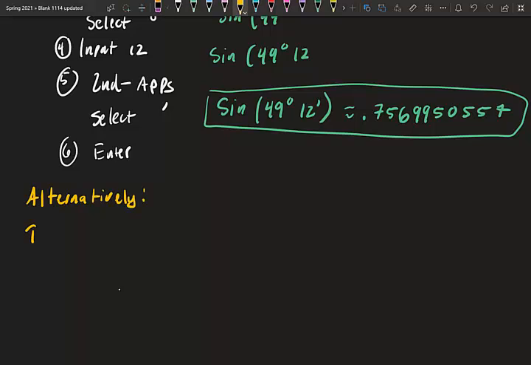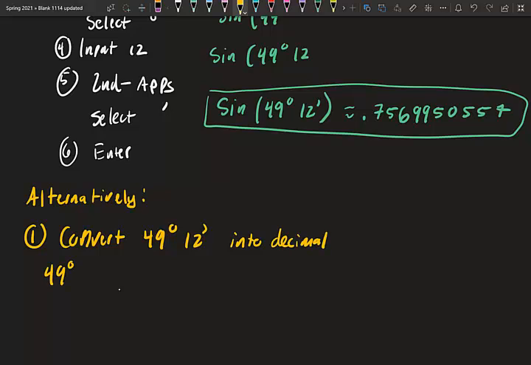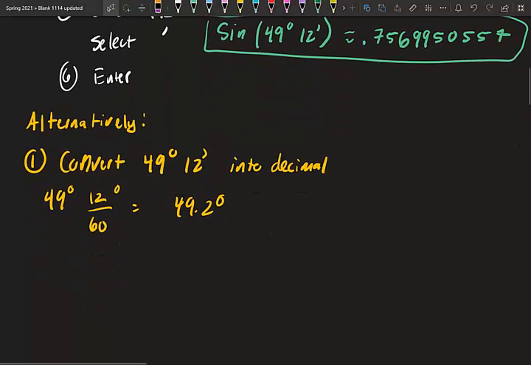So alternatively, we can convert 49 degrees, 12 minutes into decimal. So we could do 49 degrees, and remember for decimal, it'd be 12 over 60 degrees, and we get 49.2 degrees. So what you do in calculator, in degree mode, I have to show you that.